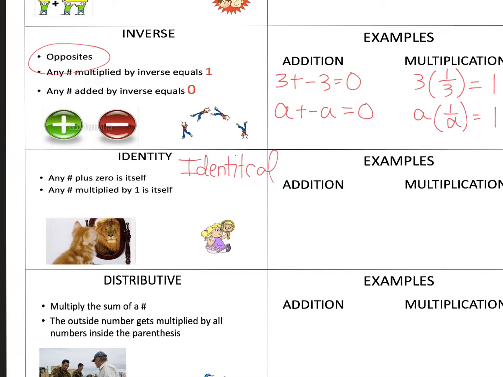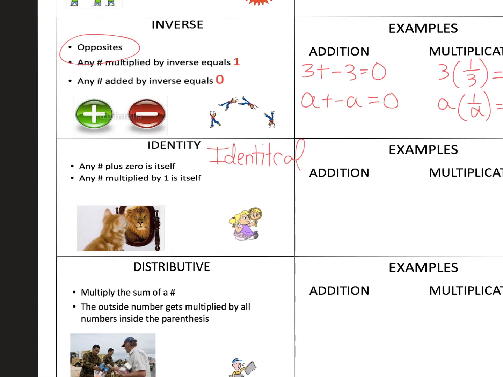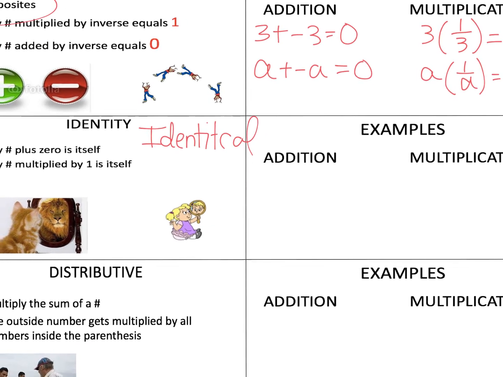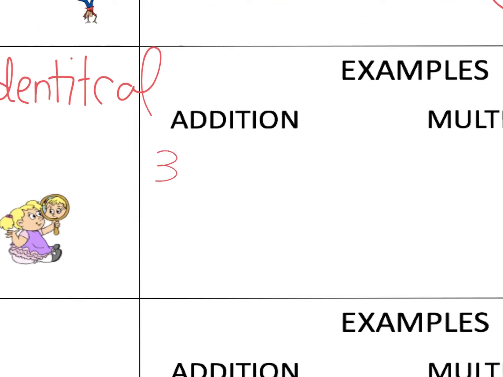All right, so with identity, this means I start and I end with the identical number. Okay, so like looking in the mirror, right? It's still the same exact thing. So 3 plus 0 equals 3. The reason why this works is because I started with 3 and I ended with 3. Or if you want a letter, A plus 0 equals A. Okay?